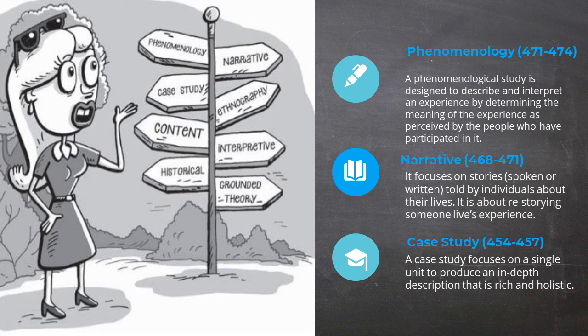Since narrative is storing someone's life experience, you have to ask for consent or permission from the individuals whose life you are going to tell or restory. Those are the things you have to consider.